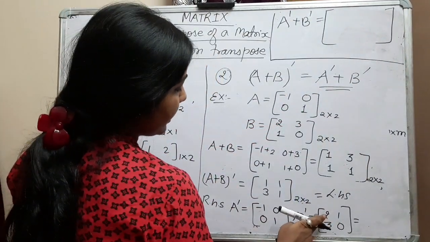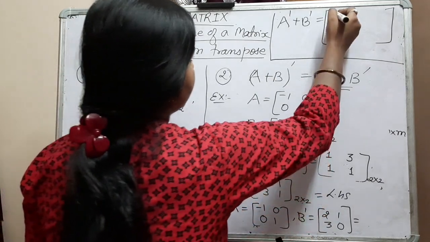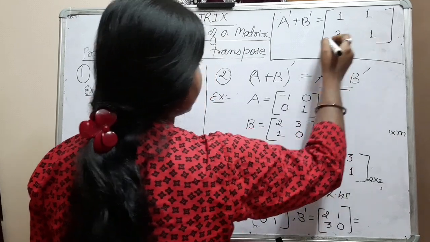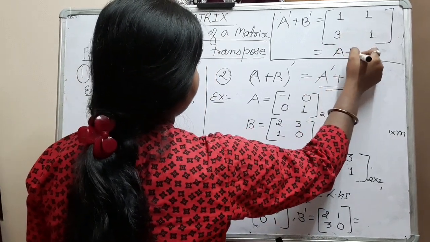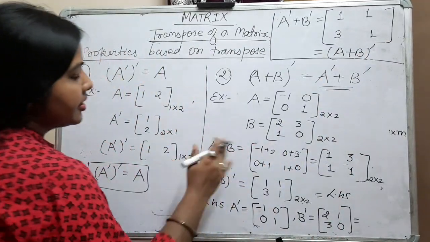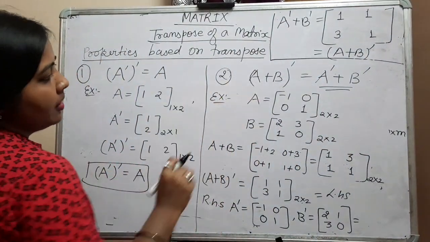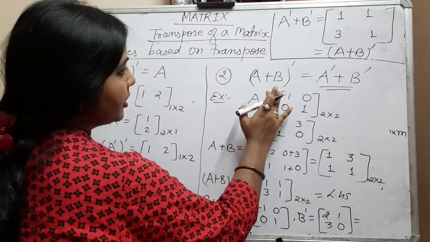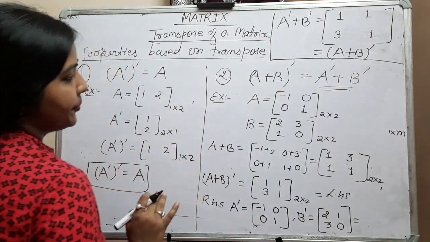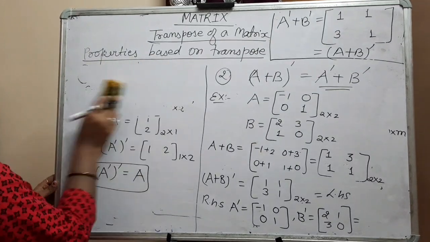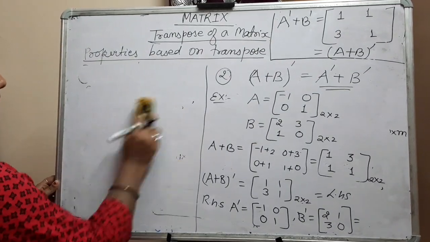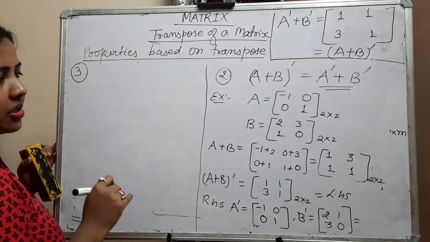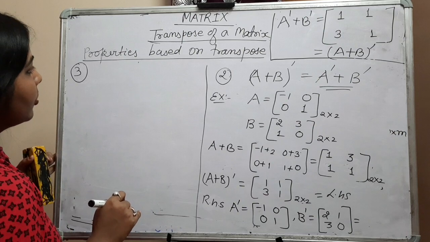After adding, we get 1, 1, 3, 1. You can see this value equals (A plus B) whole dash. So it is proved here. Always, when we take the addition A plus B and then the transpose, this should be equal to A dash plus B dash.